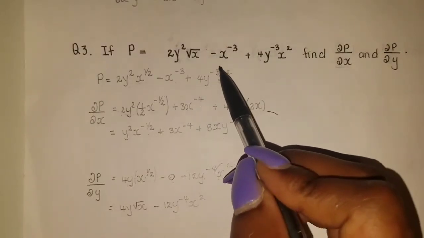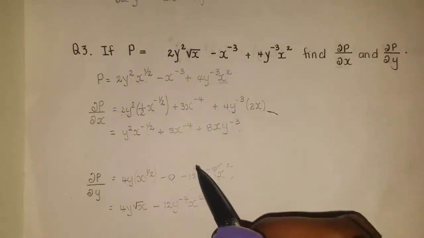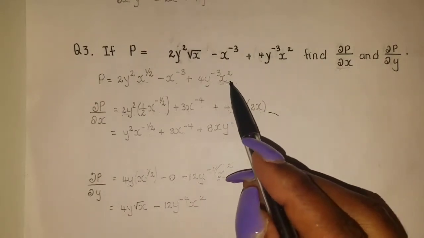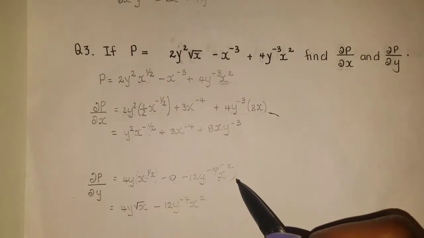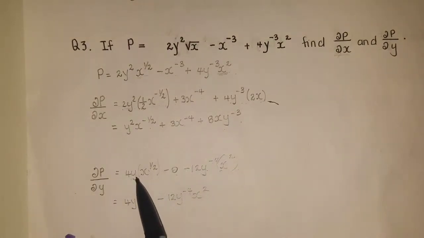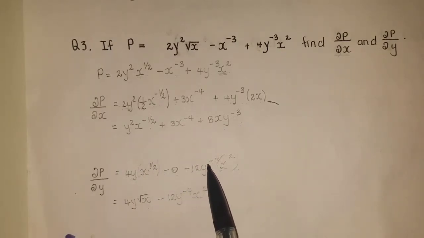Differentiating 4y raised to the negative 3 will give us a negative 12y raised to negative 4, and we multiply by the x squared coefficient. So simplifying makes our answer 4y root x minus 12y raised to negative 4 x squared.